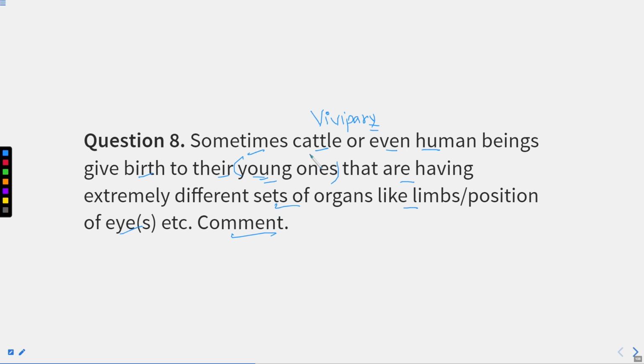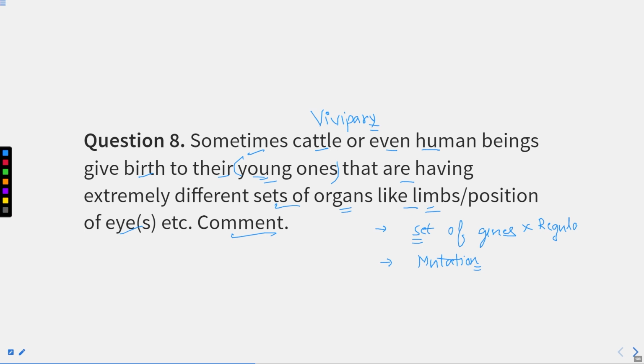So what is the reason? The formation of these organs, the limbs and the position of the eye, are all controlled by multiple genes, or a set of genes. Sometimes there is a mutation in these genes, and due to this mutation, the regulation of this set of genes doesn't take place.